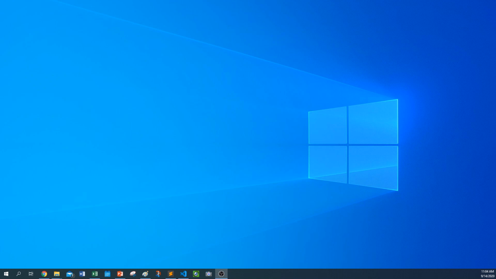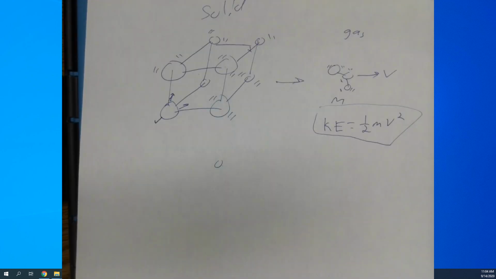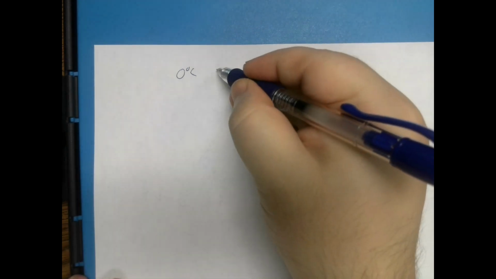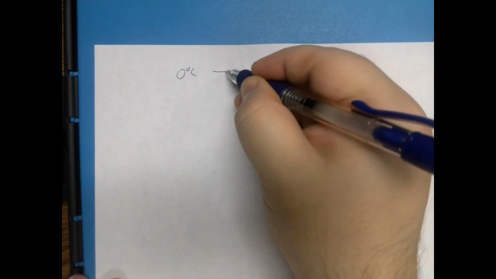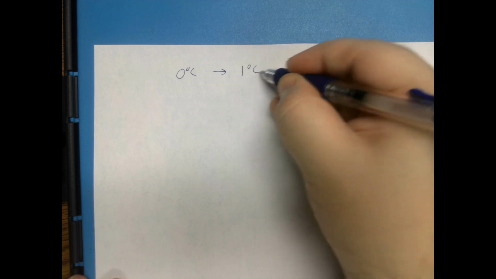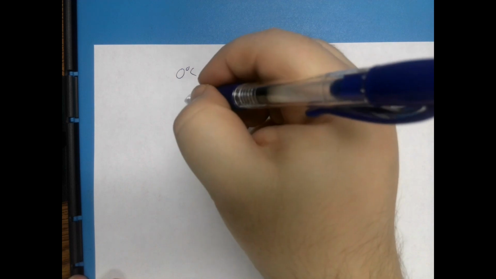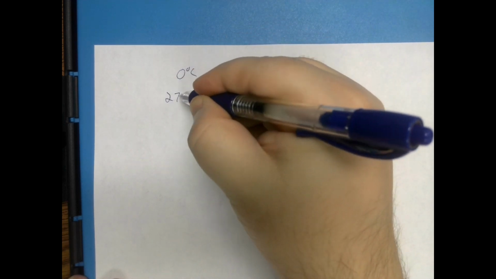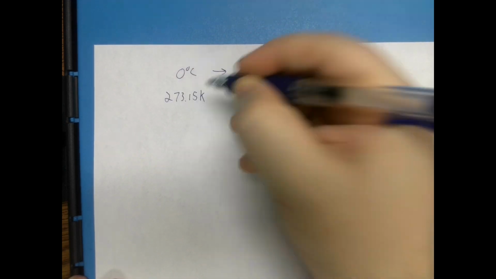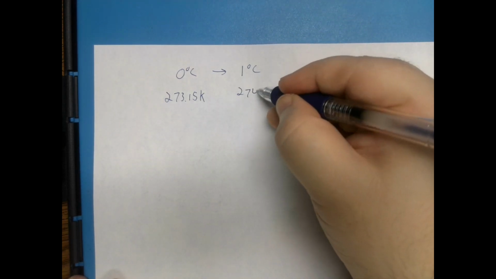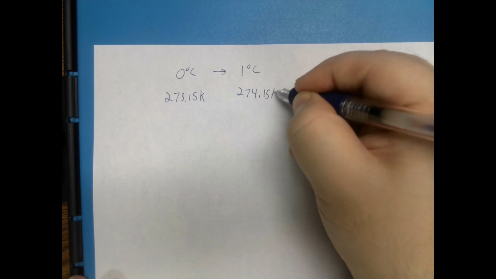So for example, the freezing point of water is 0 degrees Celsius. And if you were to heat it up by 1 degree Celsius, it'll be 1 degree Celsius. To convert this into Kelvin, we would add 273.15 Kelvin, and we'd add it here, 273.15 Kelvin added.